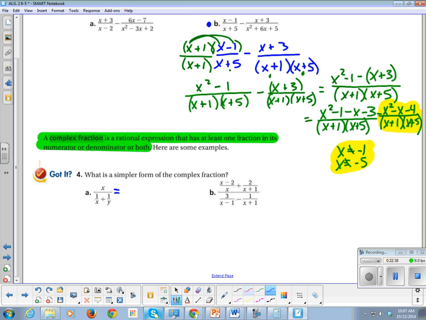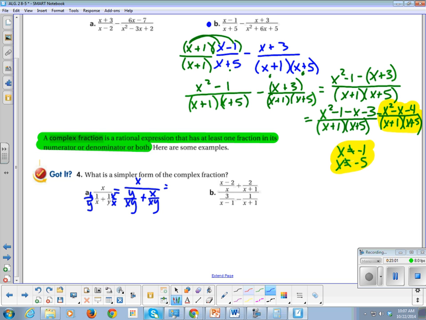So if I look here, I need to give this guy a y over y and this guy an x over x. And if I do, this becomes y over xy plus x over xy.